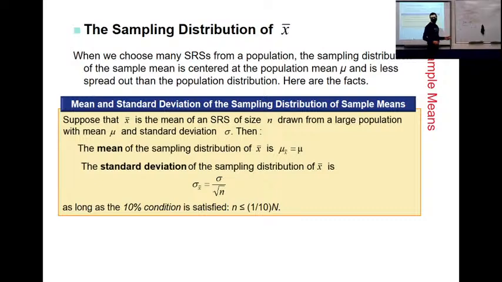Notice again in this formula that if we make n bigger, the standard deviation, the spread, gets smaller. N goes up means the denominator goes up means the number gets smaller. So the larger the sample size, the smaller the standard deviation of that sampling distribution.